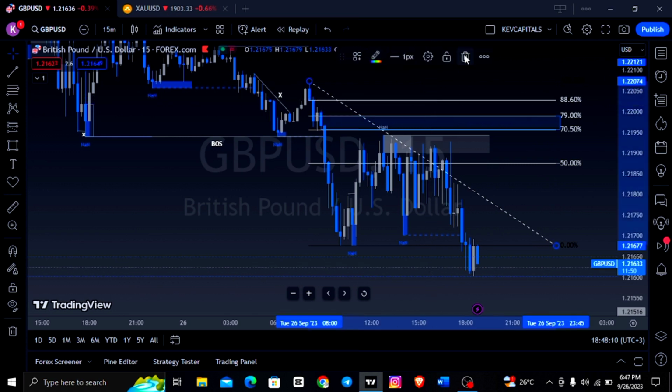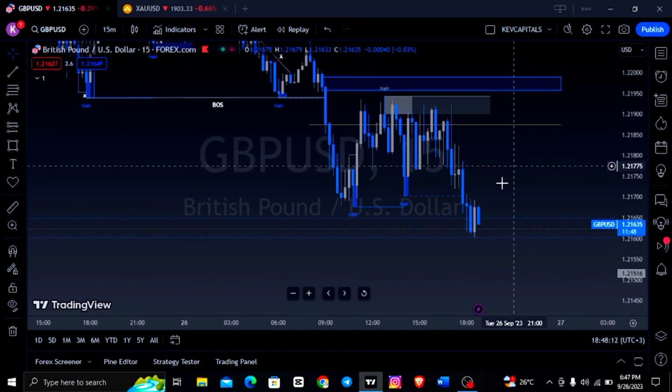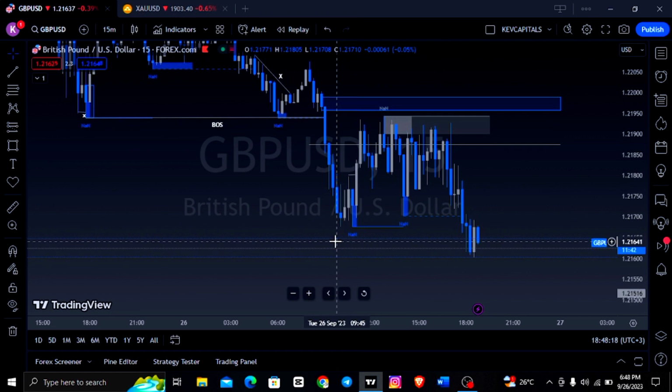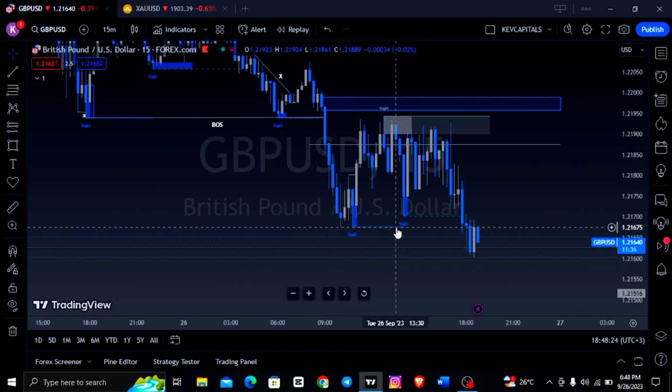So after you mark your price of interest, now at this point, as I've always told you before, when the price retraces back, you can buy and wait for a sell. So you must be keen here.